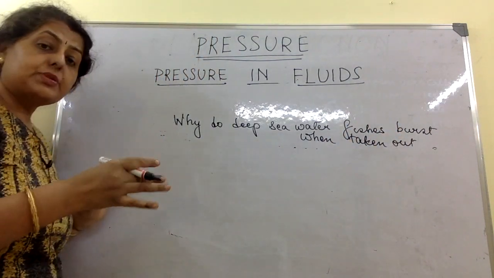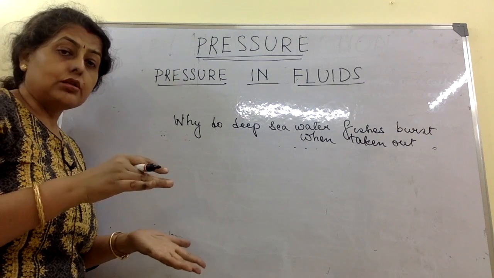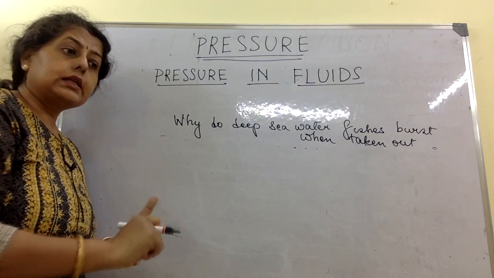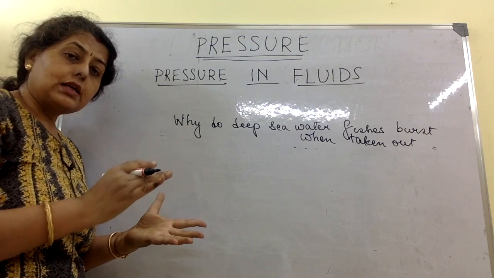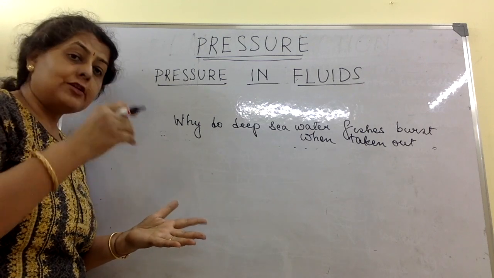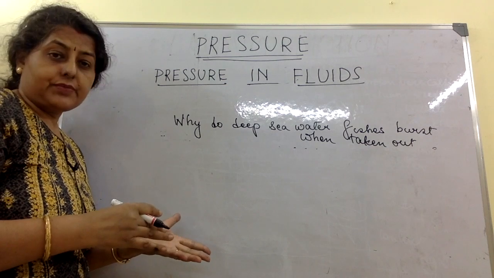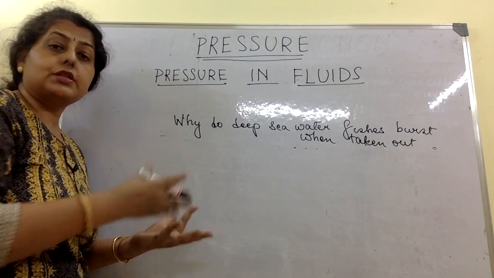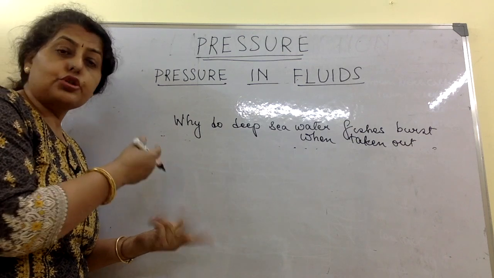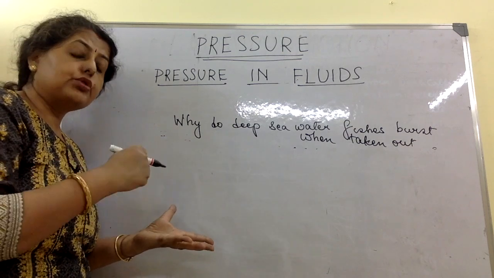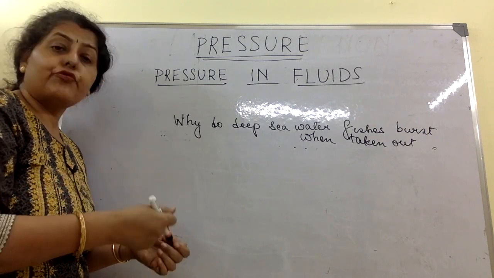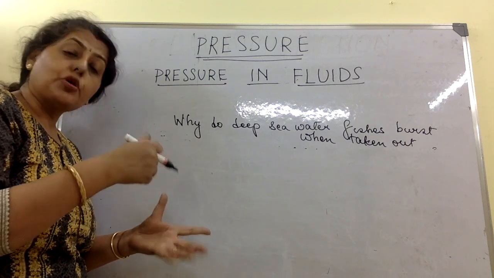Now, in the sea, you should know that different types of fishes are found at different depths of water. When boats go and do fishing in deep sea waters, they may pick up a few fishes from a very big depth.